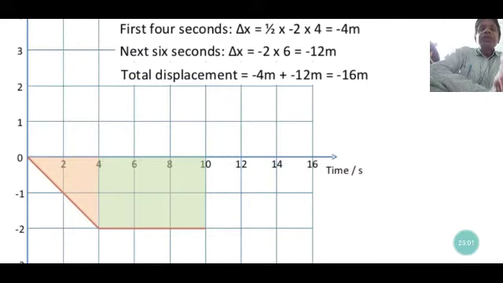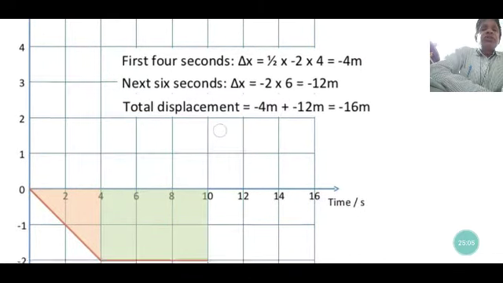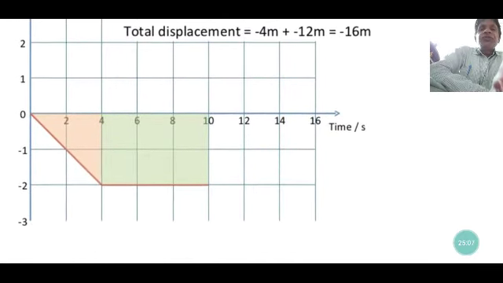Now look here. During the time interval 0 to 4 second, the velocity of the object changes uniformly and becomes 0 to -2 meter per second.